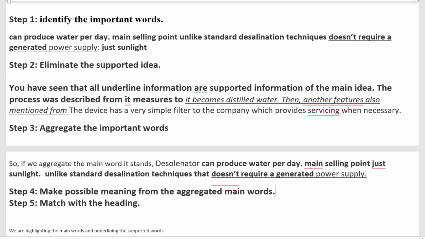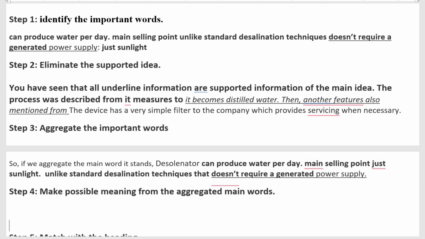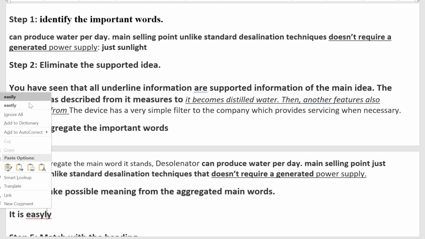Step 4. Make possible meaning from the aggregated main words. It is easily assumed that sources of power are the basic difference between the two systems.